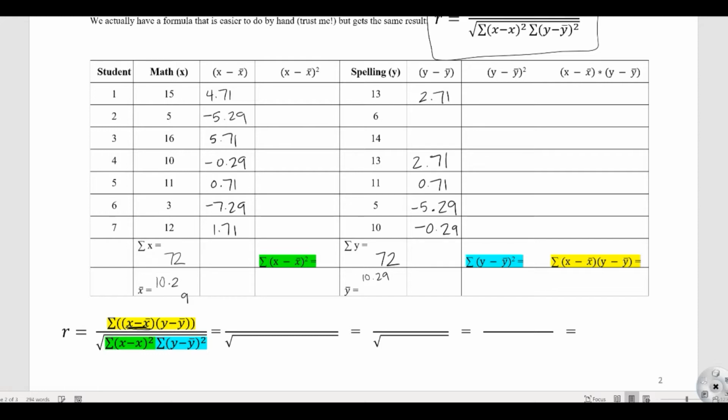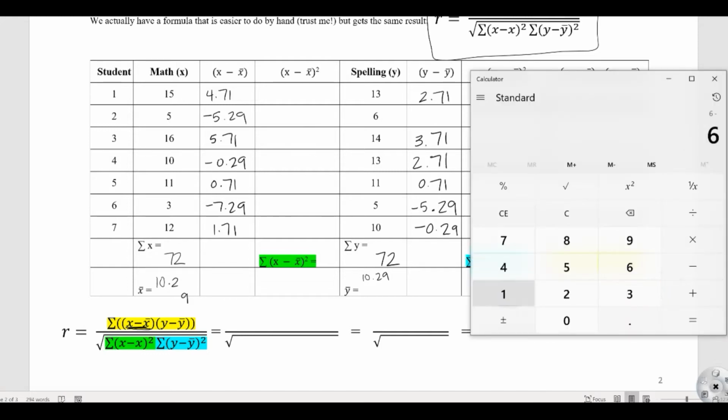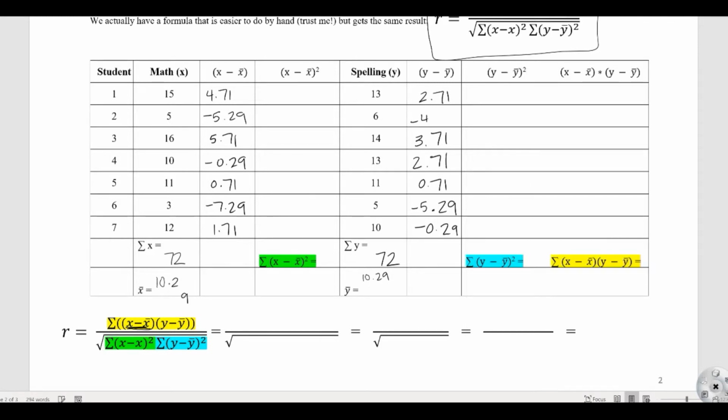Because if 13 is 2.79, then 14 is going to be 3.71. 6, all right, minus 4.29. Okay. So for this next step, we are going to square each of these.